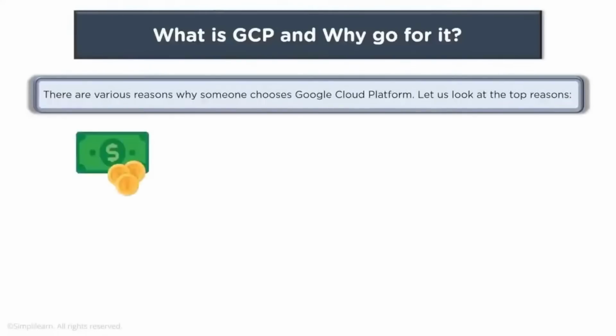Now let's look at some reasons. When you talk about pricing, GCP has better pricing compared to its competitors, depending on the services you use, whether that is infrastructure as a service, such as running your applications on Compute Engine instances, or a managed service such as Dataproc, Bigtable, or BigQuery, where you can have your Hadoop clusters running, store huge amounts of data, or even build a data warehouse to store structured data.